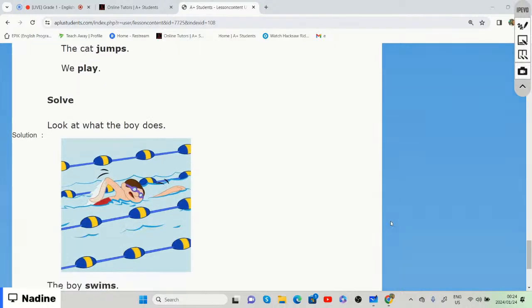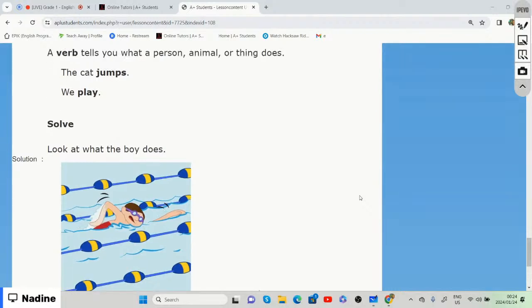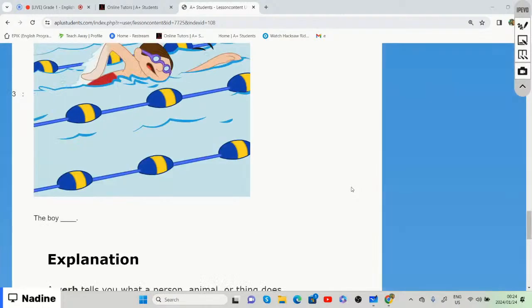All right, so we see that the boy swims, which means that is the action that the boy did. And once again, a verb tells you either what the person, animal, or thing does.